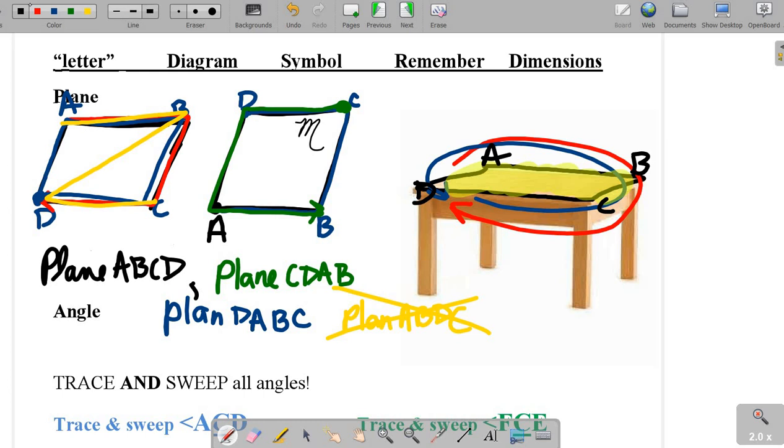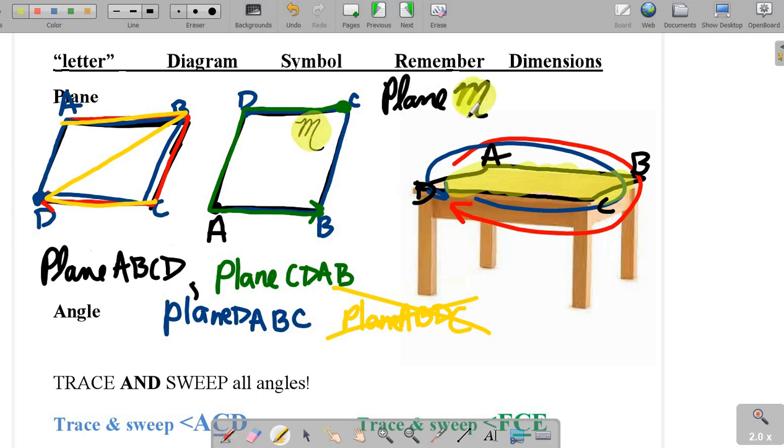And I could call this just straight up plane. I just realized I wrote plan here. Sorry about that. There's plane. I could call this plane M. Notice that's a cursive letter, and that's in the upper right-hand corner.